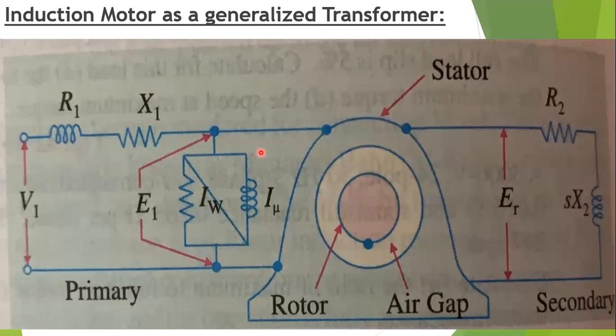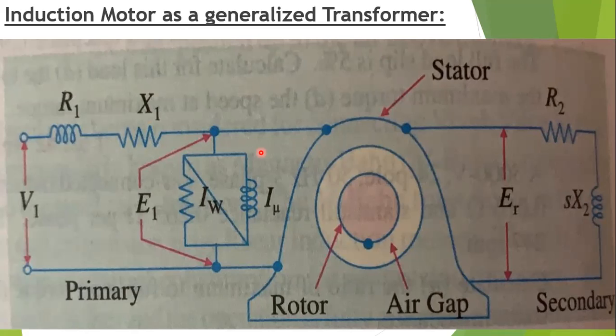Okay, so this transfer of energy from the stator to the rotor of the induction motor takes place entirely by induction. Yes. For DC generators and motors, it is conduction.